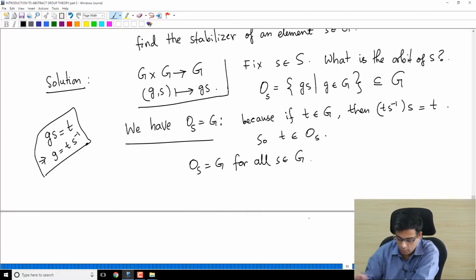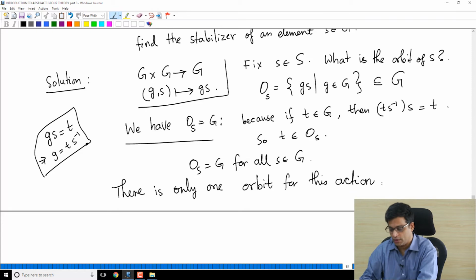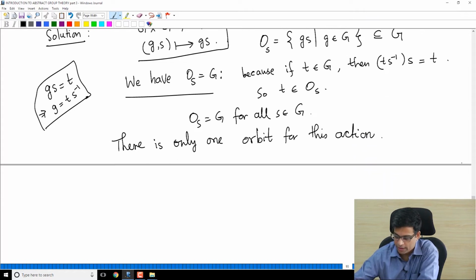So what is the orbit decomposition? There is exactly one orbit for this action. In other words, all orbits are identical to G. Such an action is called a transitive action.